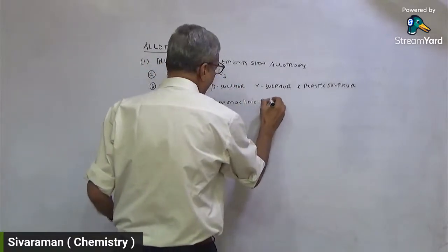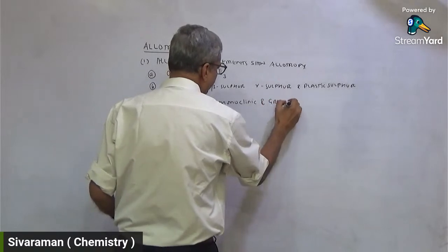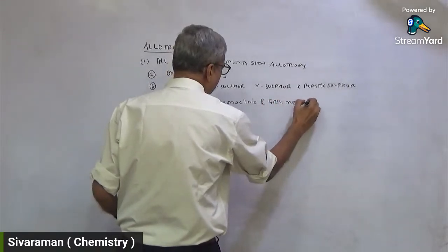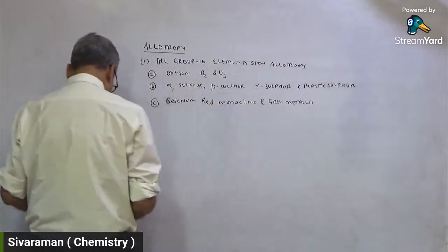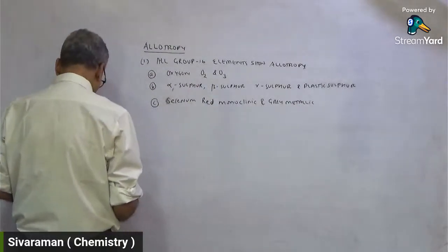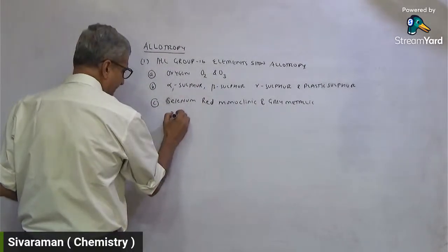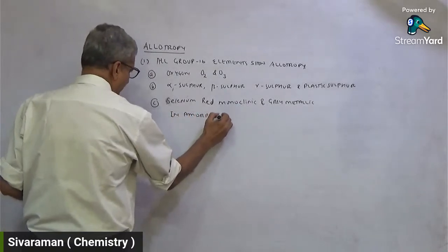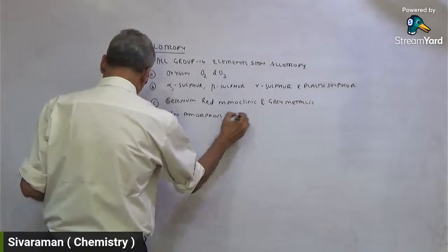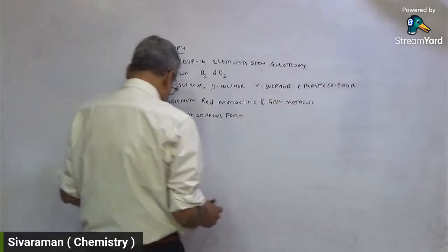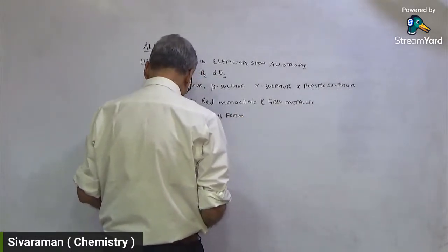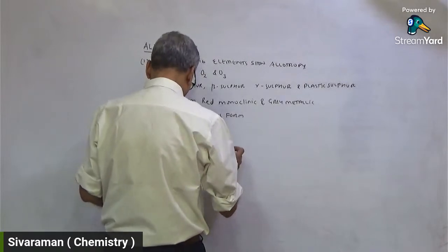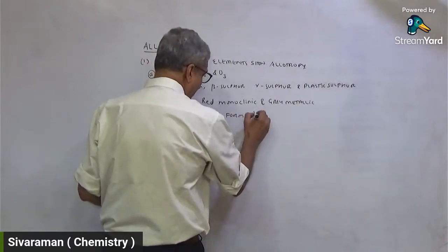Is this clear? And in amorphous form, what happens? Dark brown. So there are three.